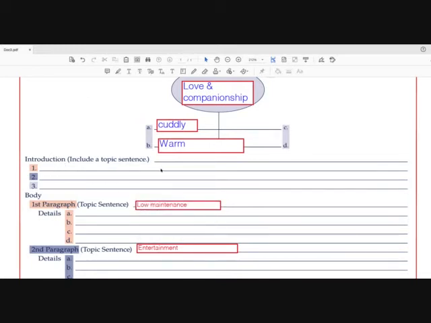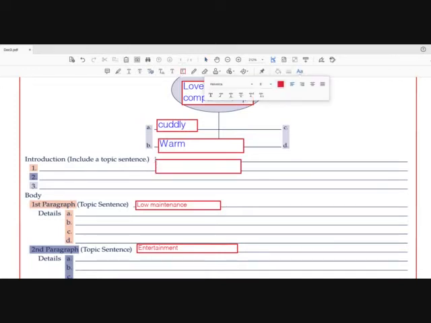So, why are cats great? Topic sentence would be, why do cats make great pets? Well, there are lots of reasons.